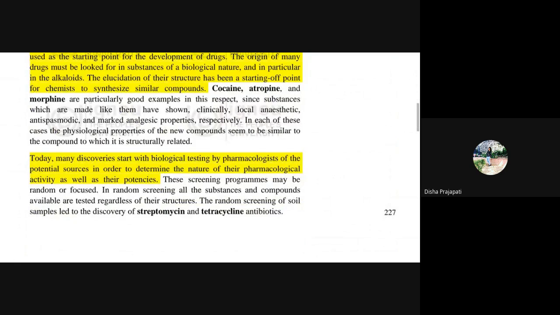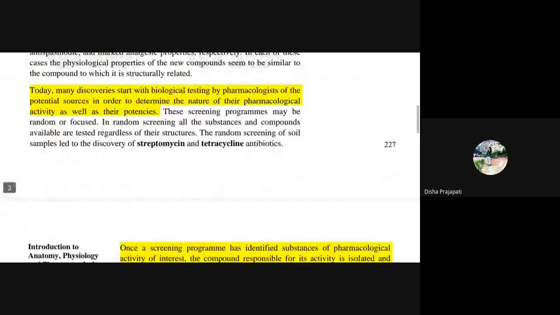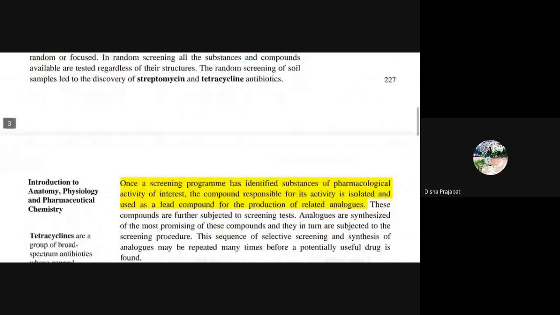Today, many discoveries start with biological testing by pharmacologists of the potential sources in order to determine the nature of their pharmacological activity as well as their potencies. So there are different drugs which are synthesized from natural products also.